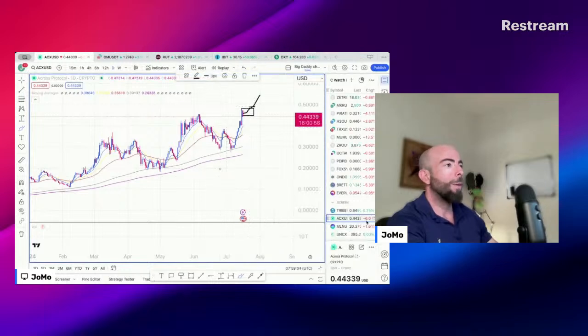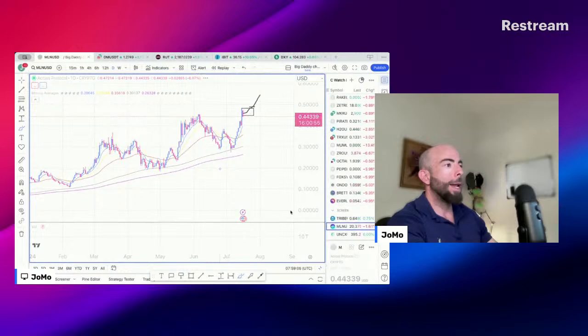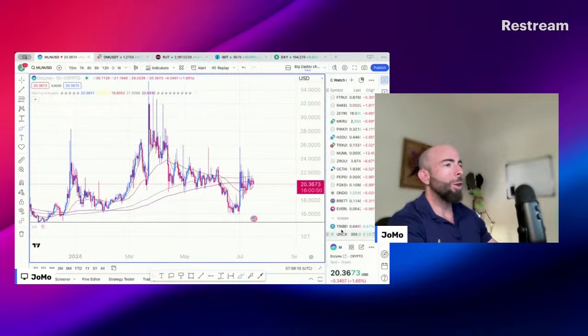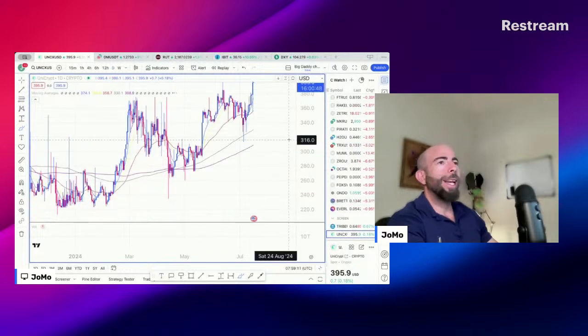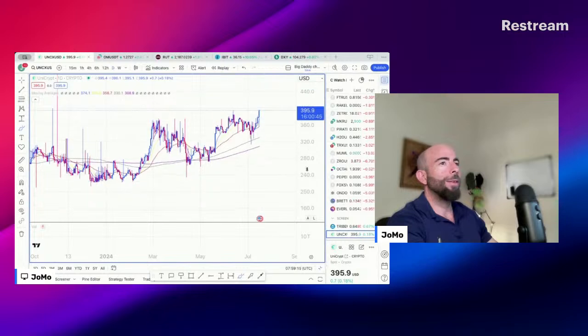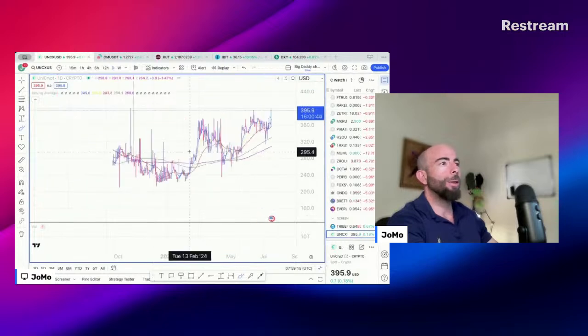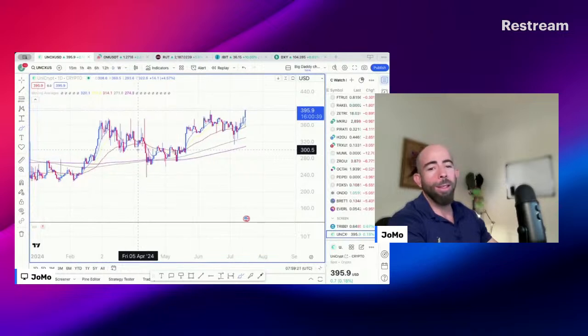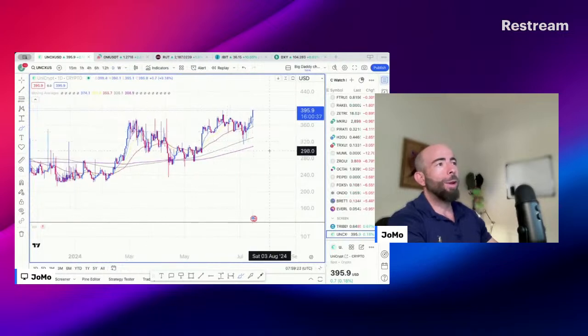I want to have better focus on this. MLN, not looking good whatsoever, removed. And UNCX, again, probably a very thin name, very close to the highs, but you can see all this jittery action over here. This is probably traded less than $300,000 and maybe even less than that. I'm going to check it out in a second just to make sure I'm not mistaken, but that's probably it.